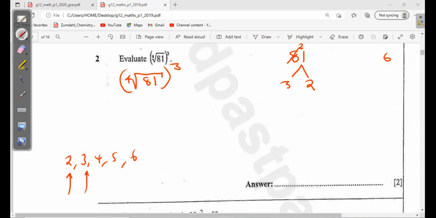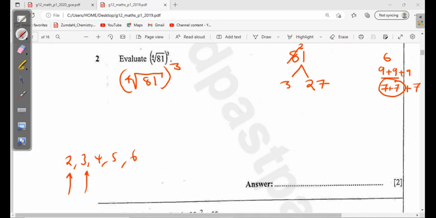If we check what number can we multiply with 3 to get 21, we know that 9 plus 9 is 18, plus 9, well, that is not it. So 7 plus 7 is 14, 14 plus 7, that is going to be 21. So 3 can go into 21 7 times. So 3 into 81 is going to go there 27 times.